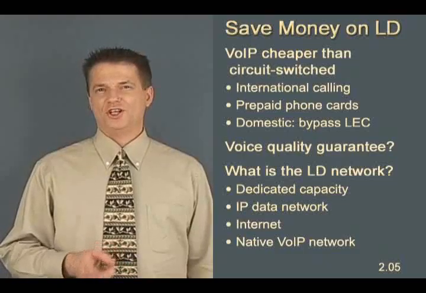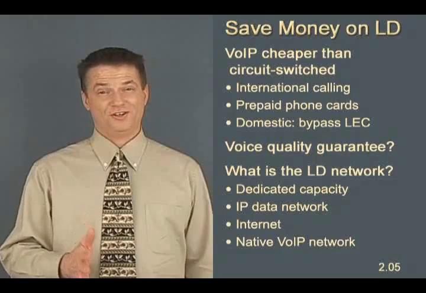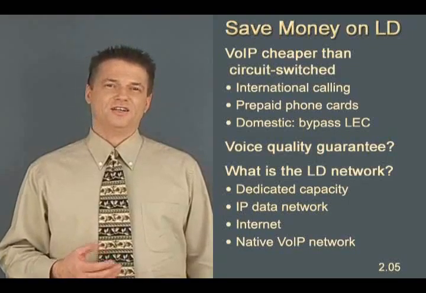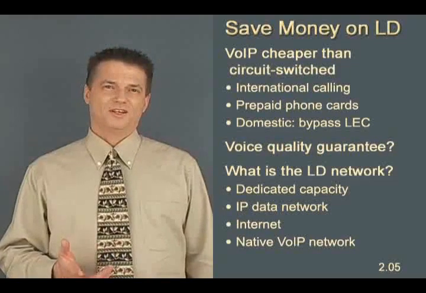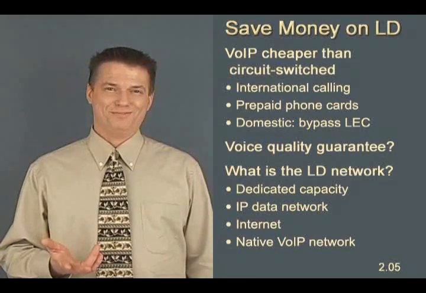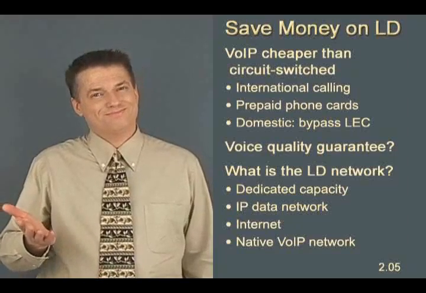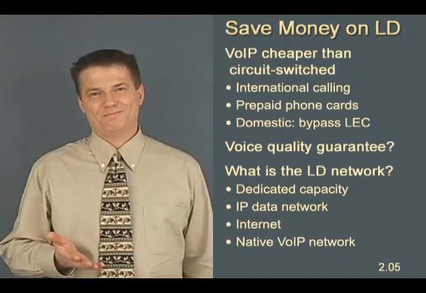And since this is shared capacity, even though it's secure, it's still shared underlying it, it's going to end up being cheaper. The problem with that is there are no guarantees as to delay on an IP VPN network. So it'll probably sound good, but we can't guarantee that.